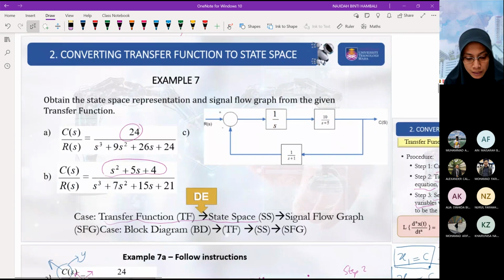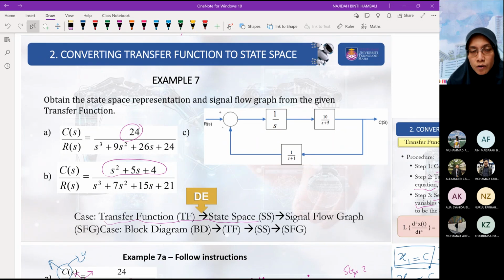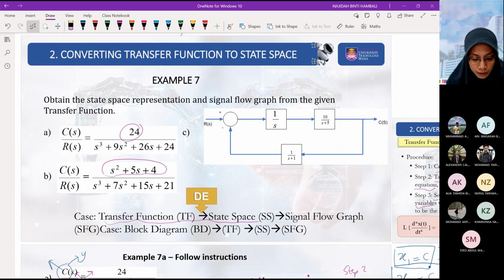From previous example 7a, we have a transfer function, where the first case you only have a constant at the numerator and polynomial function at the denominator. And the second case, for example 7b, we have both polynomial function for numerator and denominator.